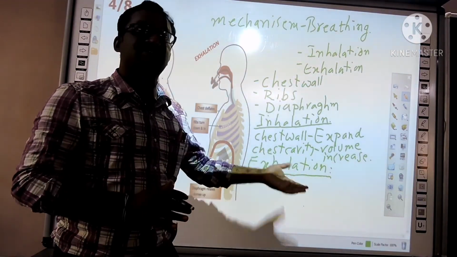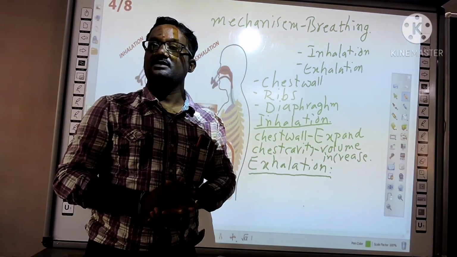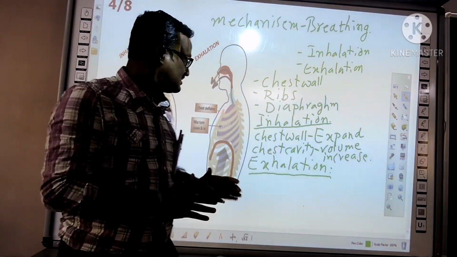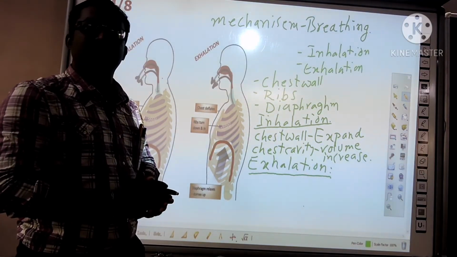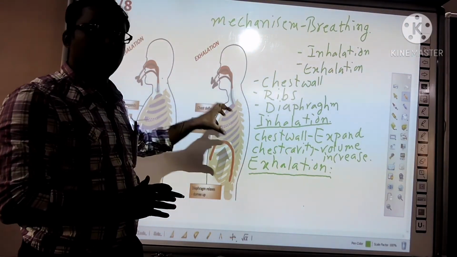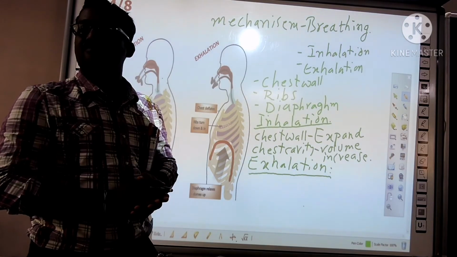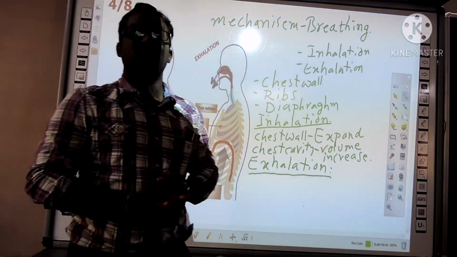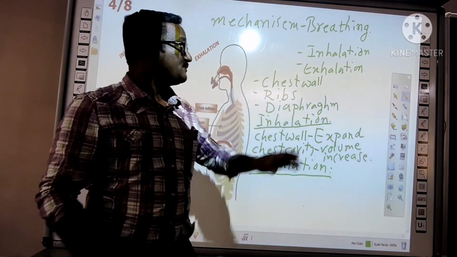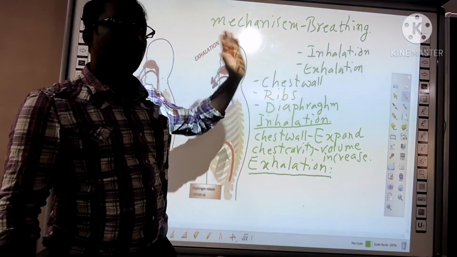Next, in the exhalation process, the diaphragm becomes relaxed and moves in an upward direction, and the chest wall moves inward. That's why pressure is applied on the lungs. So the lungs are squeezed and air moves out. So this process of inhalation and exhalation is called breathing.